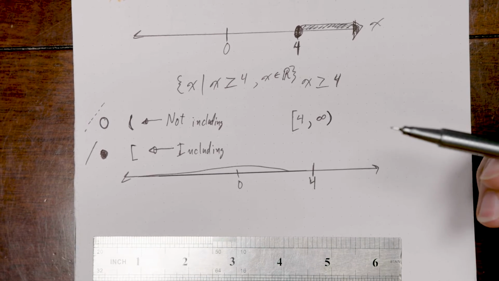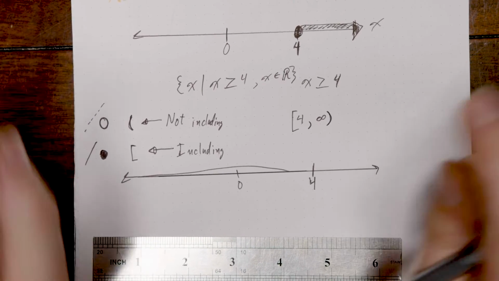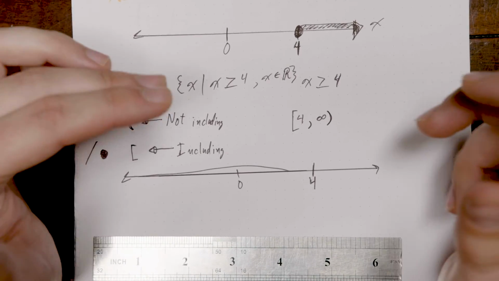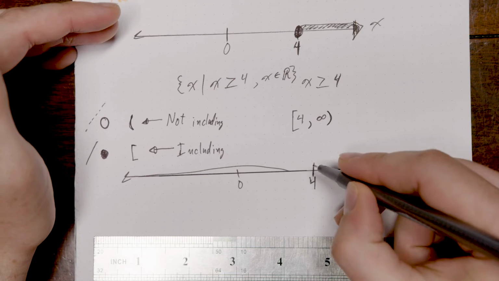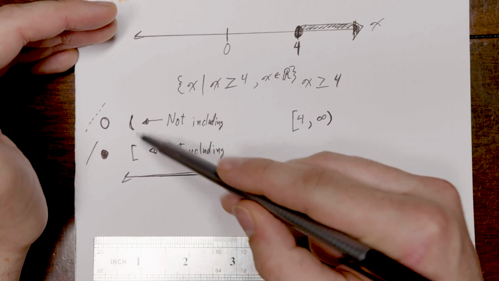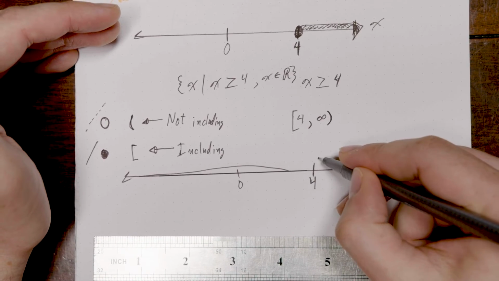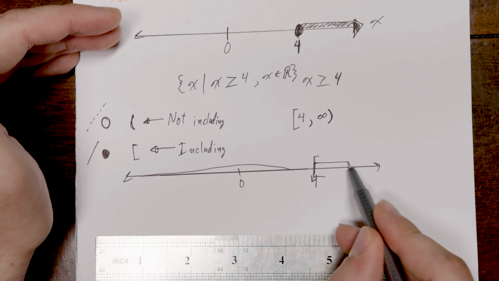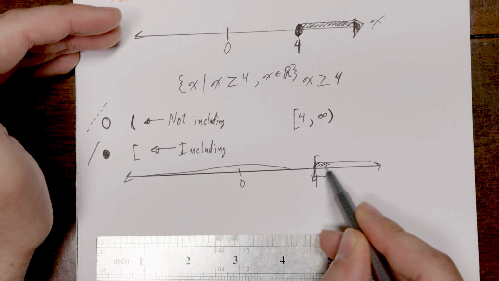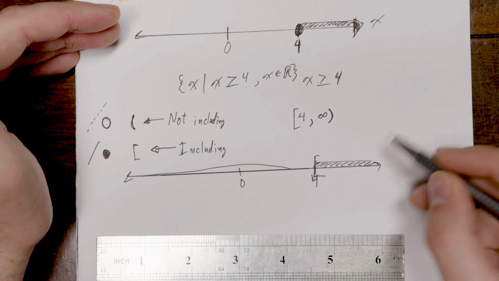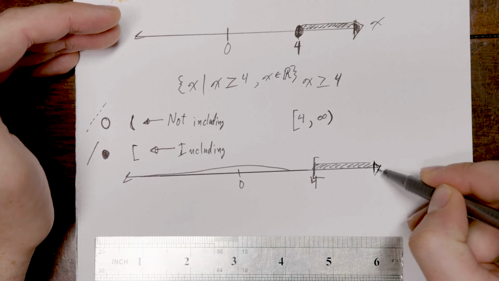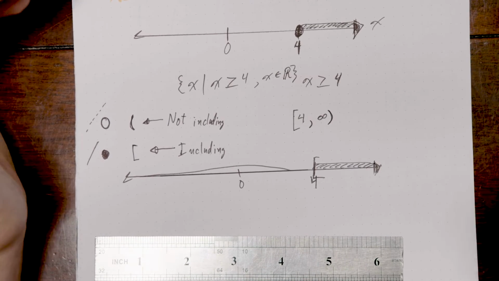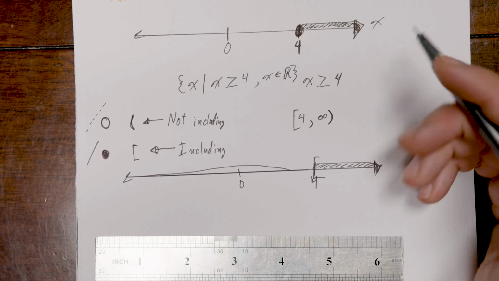But the proper way to do it, there's my air quotes, in interval notation is with the bracket and parentheses. We would put a square bracket here for including, and then we would shade in this direction, right? And that's the correct way to do it.